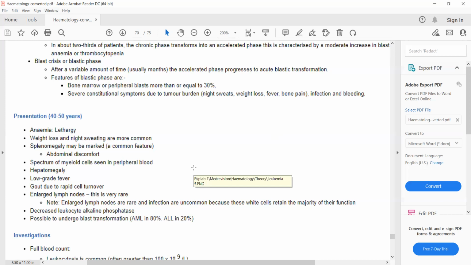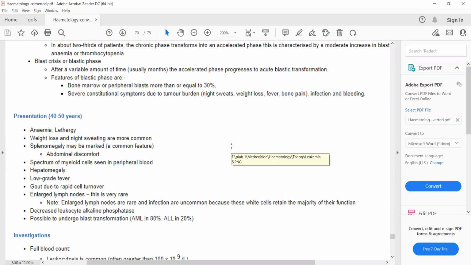Remember that because it's a myeloid leukemia, lymphadenopathy or enlarged lymph nodes is very rare. While in lymphocytic leukemia there is proliferation of mature lymphocytes, and lymph nodes are a home for lymphocytes.